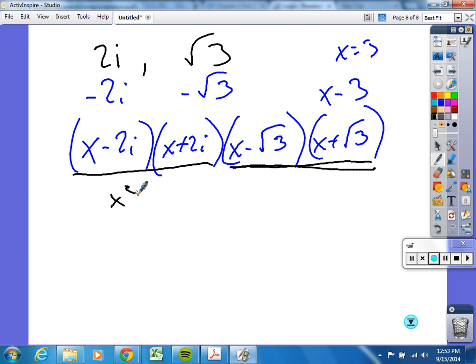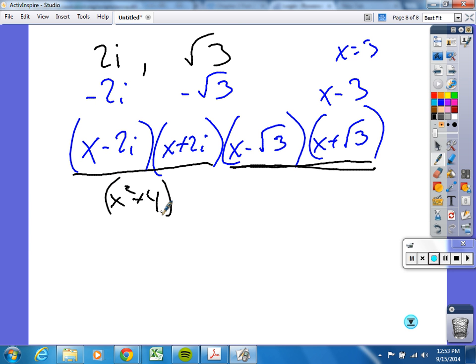Watch. X times 2i, 2ix. Negative 2i times x, negative 2ix. So I have a positive 2ix and a negative 2ix. They will always reduce out. That's always what's going to happen with complex numbers if you have conjugate pairs. And then notice negative 2i times a positive 2i is negative 4i squared, which is plus 4.